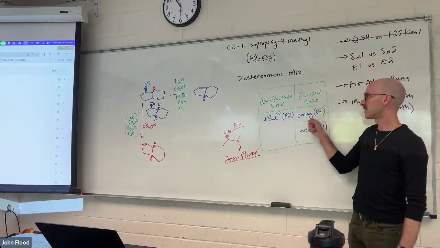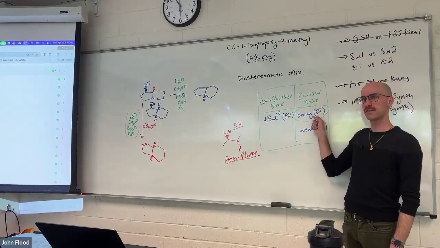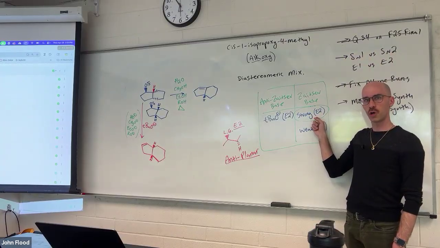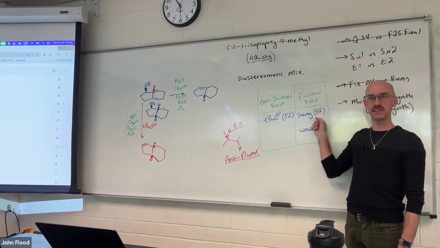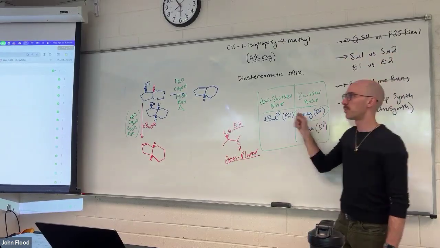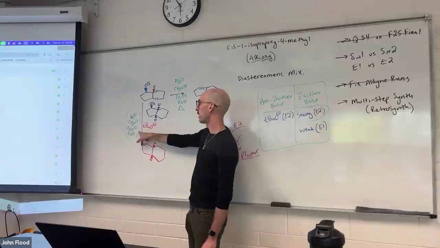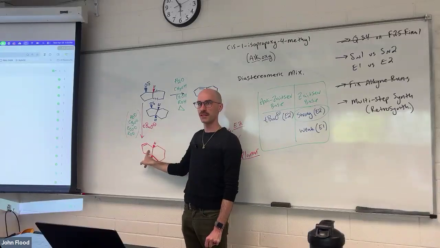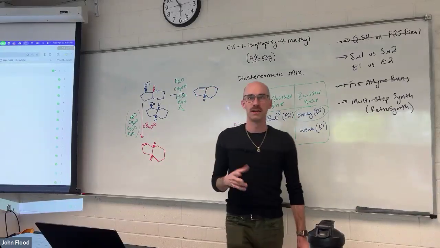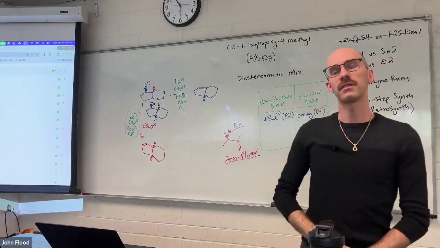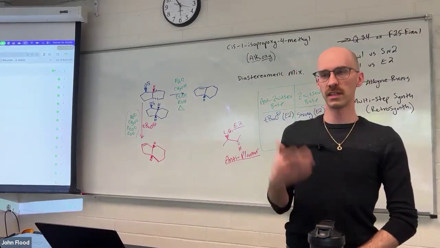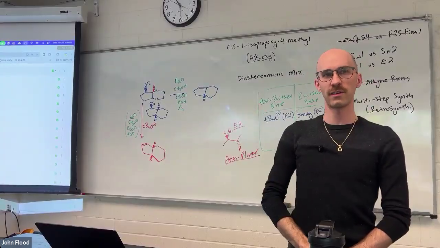But Zaitsev's rule is often taught as small, strong bases that run E2 go for the Zaitsev product. But we're seeing that these strong, small bases appear to be doing the anti-Zaitsev product. So, yeah. The easy answer is the structure on the right is the Zaitsev alkene.